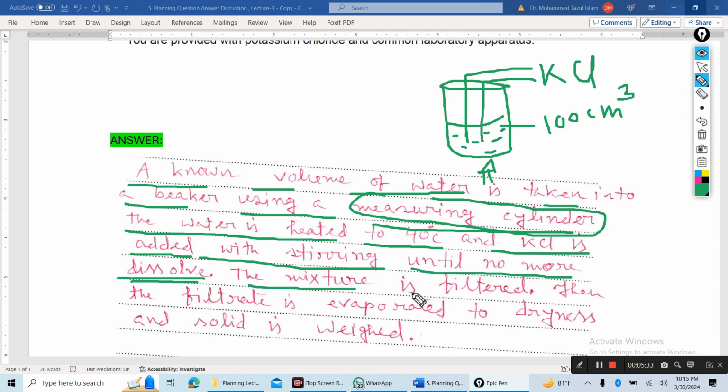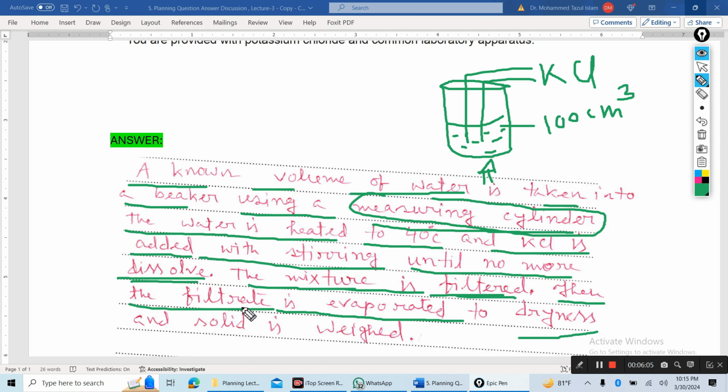Then the mixture is filtered. Then the filtrate is evaporated to dryness. Dryness means when all the water escapes.